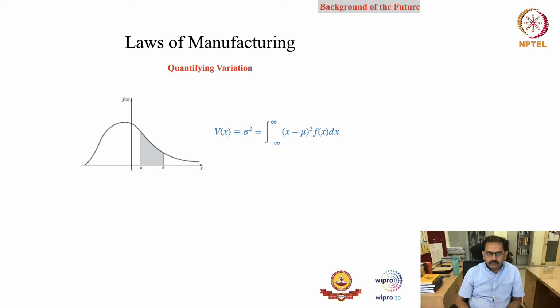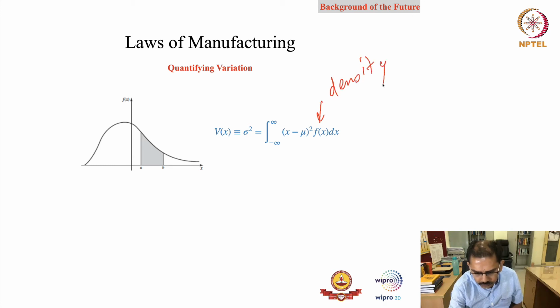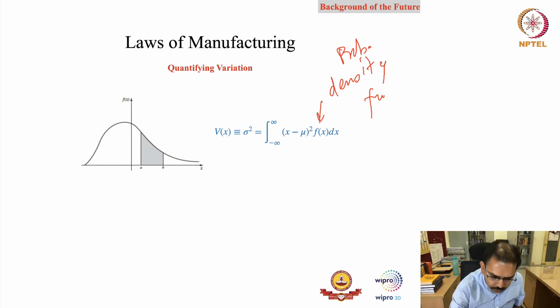So I'm talking, given a density function, or a probability density function, which is f(x), correct? And mu could be the mean value of that function, right? So it could be anywhere. I've just put some arbitrarily somewhere mu, right?